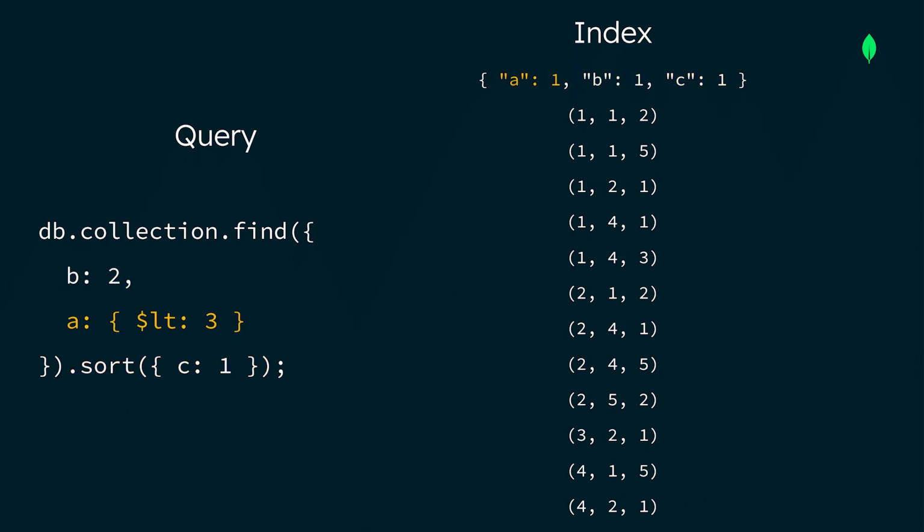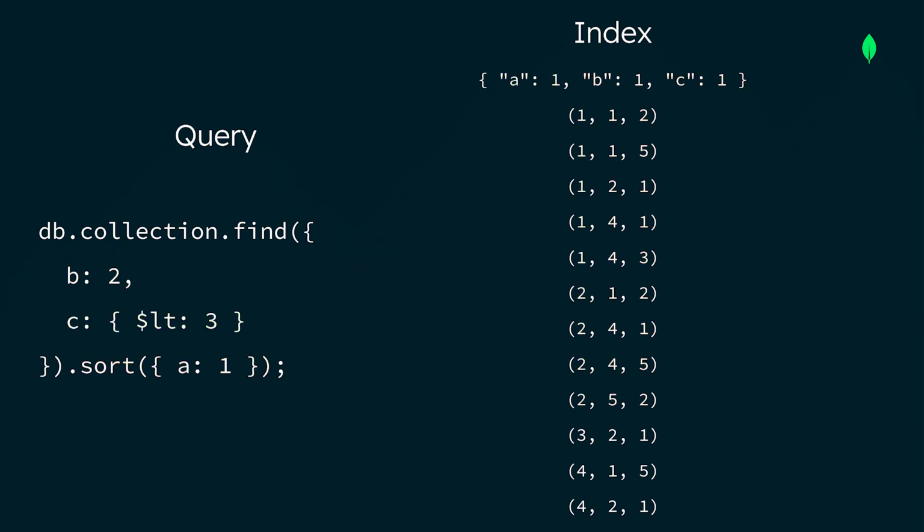If we use the index to perform a range on A, where A is less than 3, we can see that the index values of B and C are not in sorted order. So now, in order to do an equality match on B, we have to go through each of these entries to see which values match. This means that we can no longer use this index to efficiently do an equality match on B, nor can this be used to keep a sort on C from happening in memory.